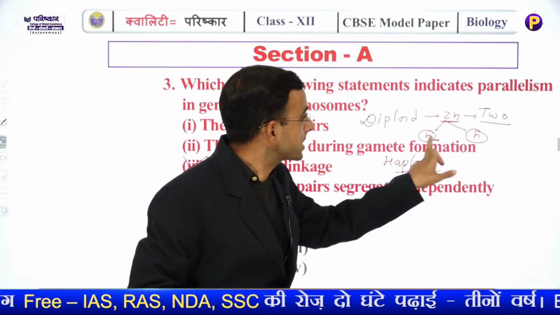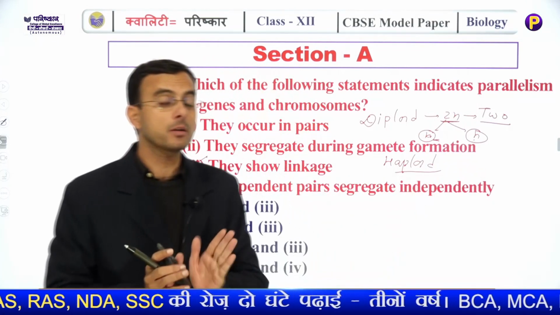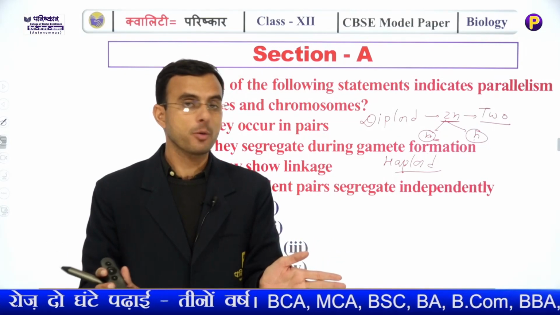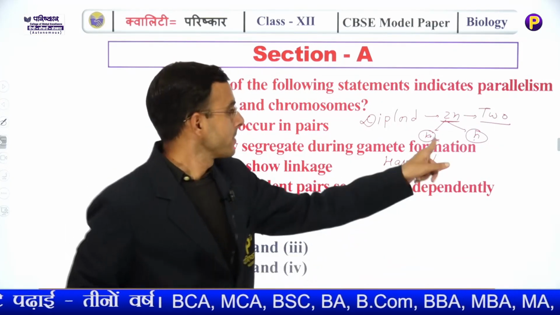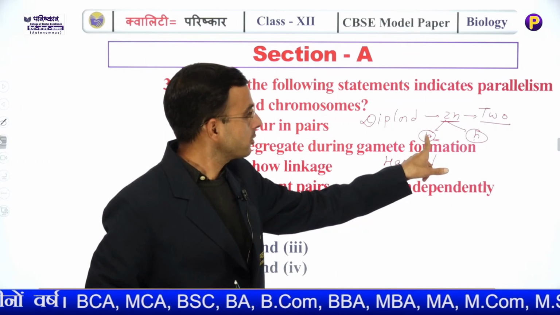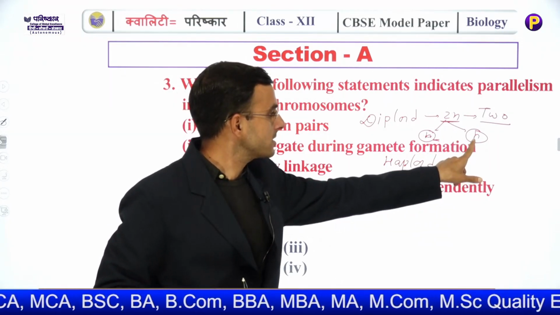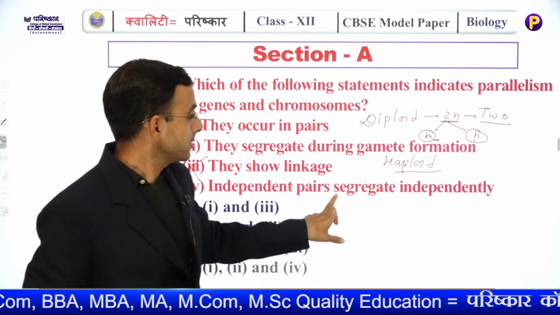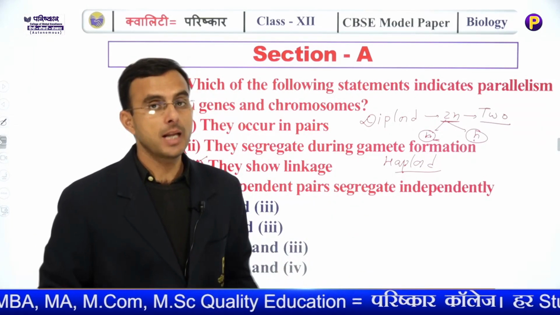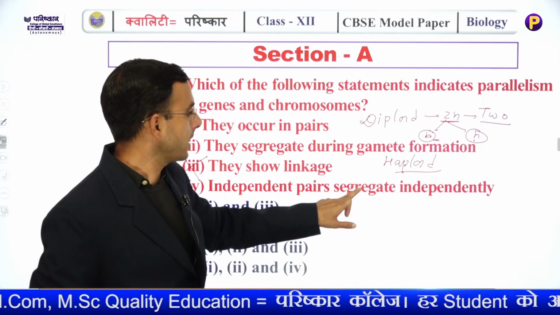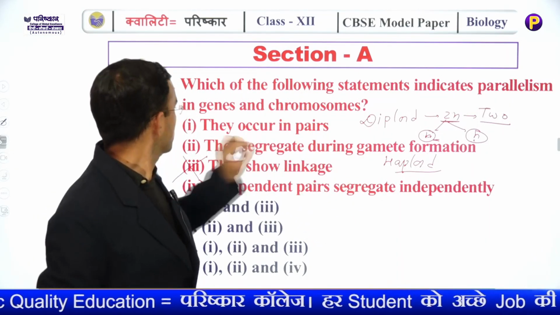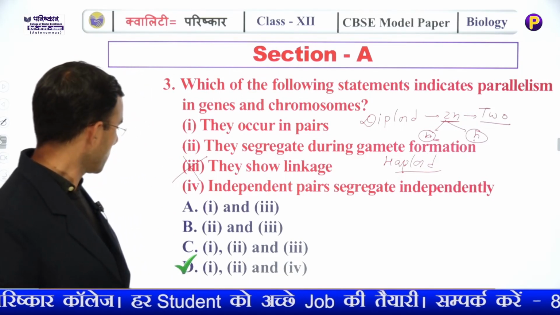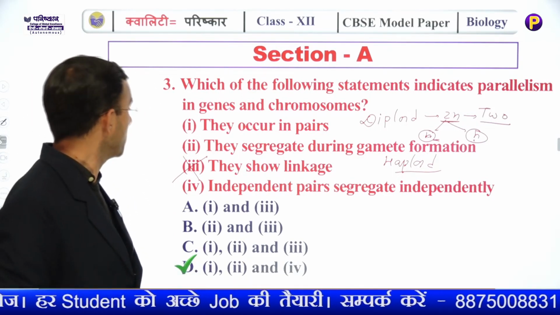Whenever there is mixing, after that mixing they go further into gamete formation. At that time, genetic material may go from this set to that set, and from that set to this set, so they segregate independently. That is possible in genes also. So the first, second and fourth options are correct. So the correct option is D.